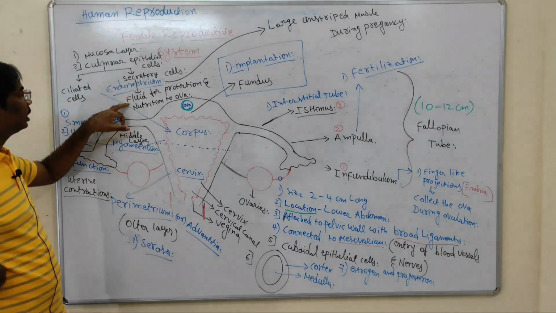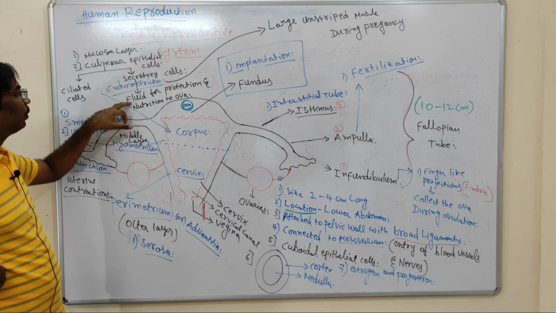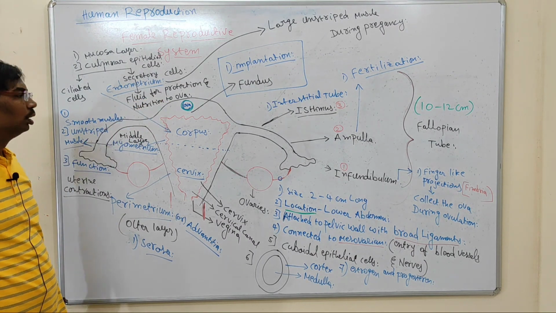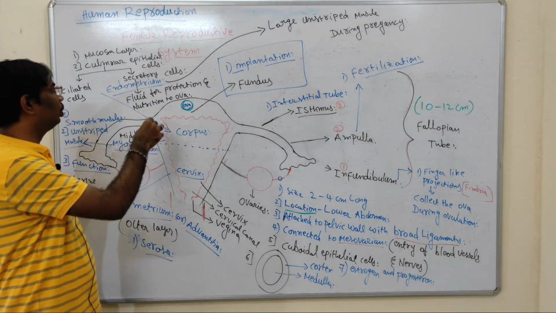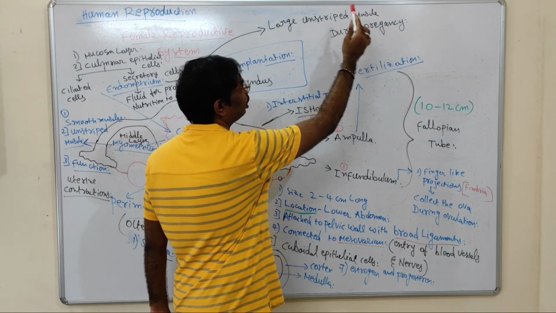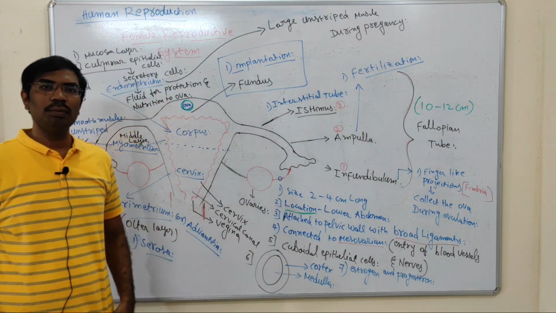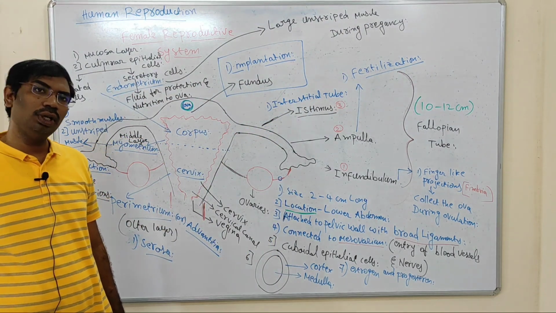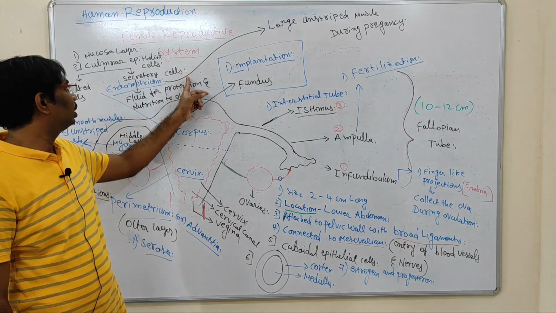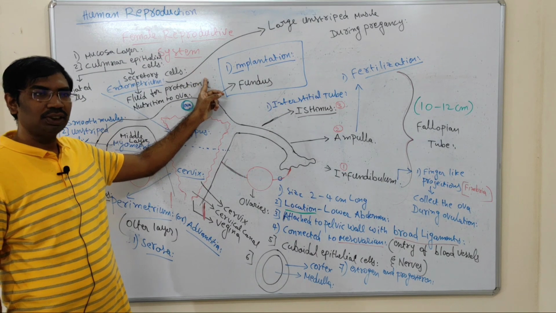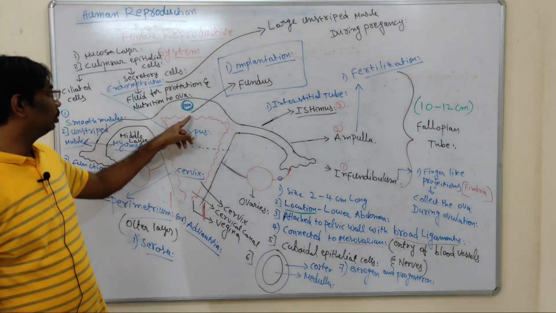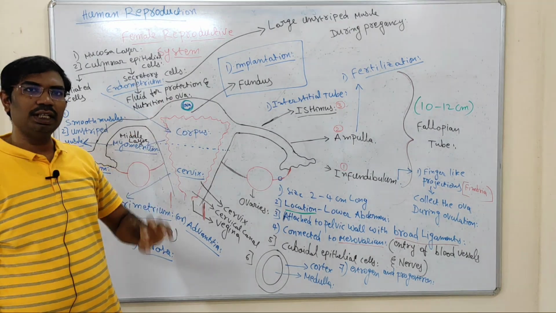The secretory cells of the endometrium provide fluid for protection and nutrition to the ova. The endometrium also contains large unstriped muscle during pregnancy.